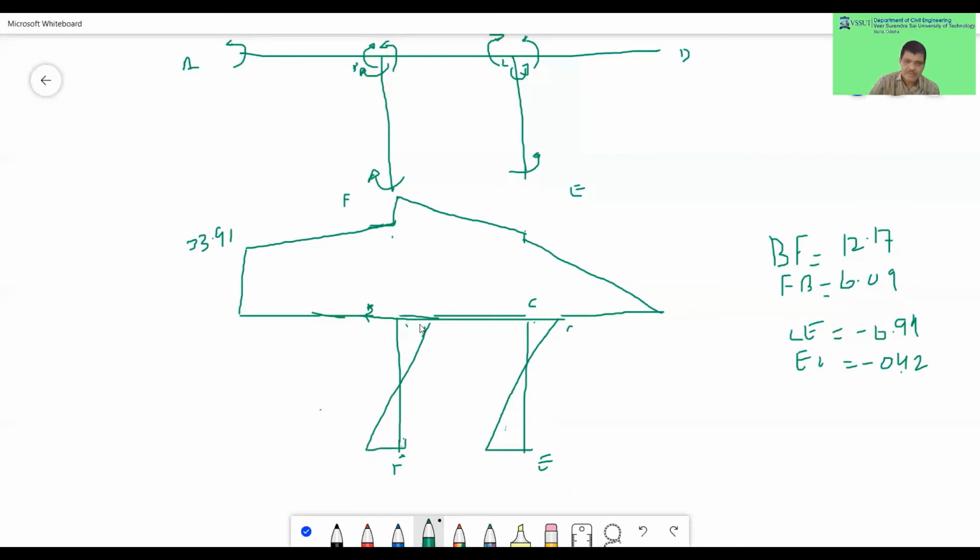Okay, that is 12.17, and this is 6.09. Okay, and this value is 0.94, and this value is 0.42. Now we got the points. So minus, this is plus, this is plus, minus, this is minus.